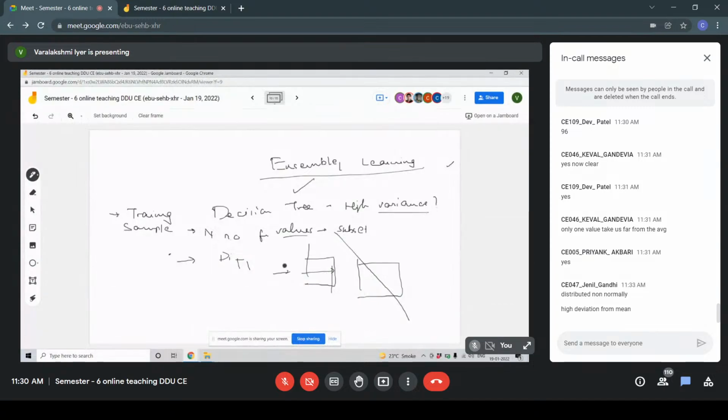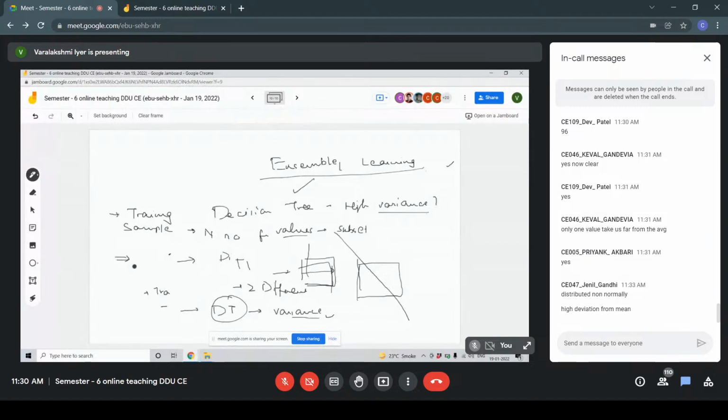Then it is possible that if you create a decision tree for each, two different decision trees will be created. That is the case of high variance: for different training examples, it will give you different results. So a decision tree will contain high variance. That is one of the problems that we have.